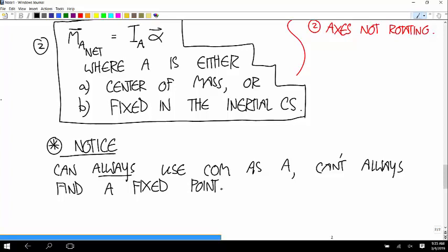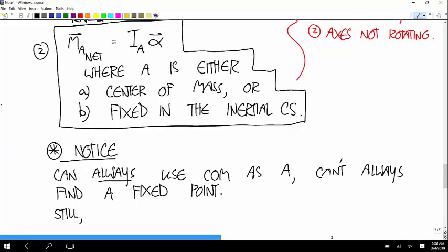And so, I always try to use the simplest approach, remember as little stuff as I can, and boil it down so I don't have to remember as much. Like I never use the quotient rule. I just use the product rule. So this might seem like one of those cases where, if you can always use the center of mass as the about point, why even look for a fixed point? It turns out the math is a lot easier if you can find a fixed point.